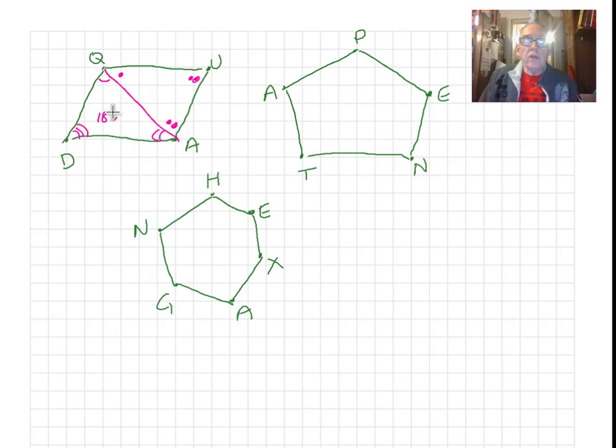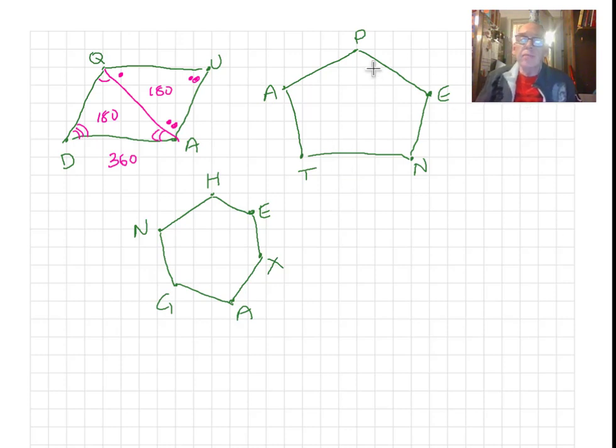And each one of these triangles has 180 degrees worth of interior angle measures. So two 180s makes 360 total degrees. So one diagonal, two triangles, 360 degrees.